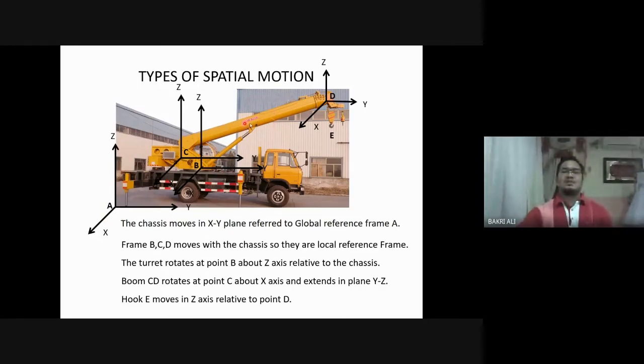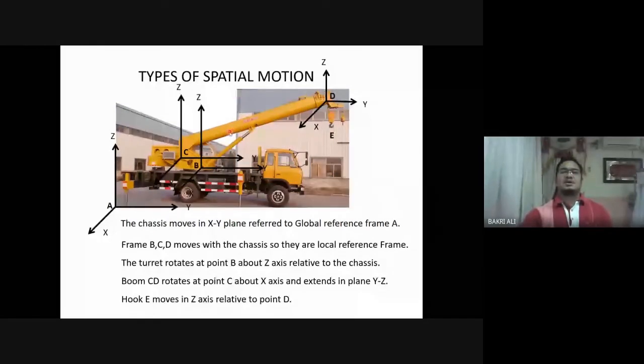So this boom can move in three axes X, Y, Z and rotate about one axis, which in this case is X. But remember that this boom also rotates with the rotation of the cabin, meaning the total rotation of this boom is two axes, about the Z axis and about the X axis. So this boom will have two axes of rotation, or call it rotation about a point.